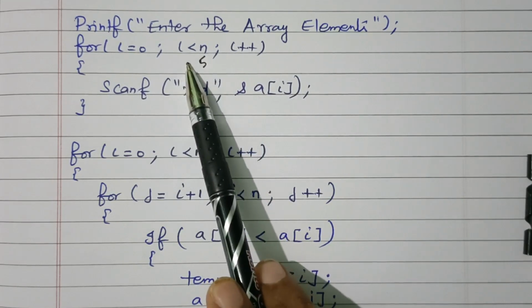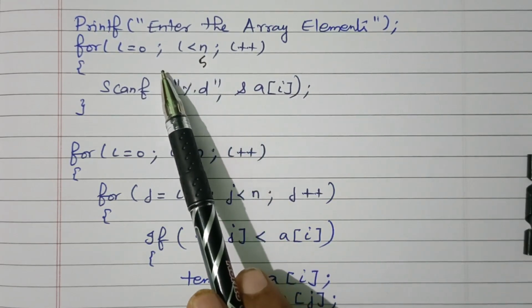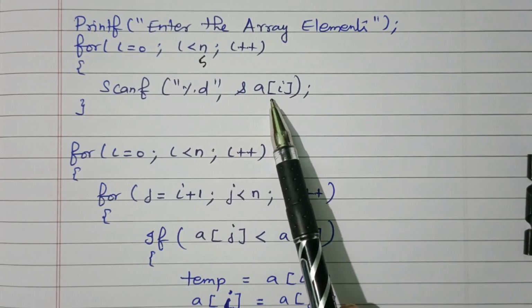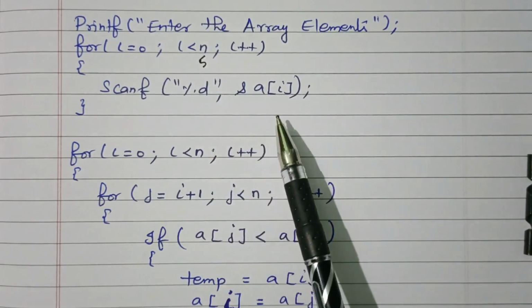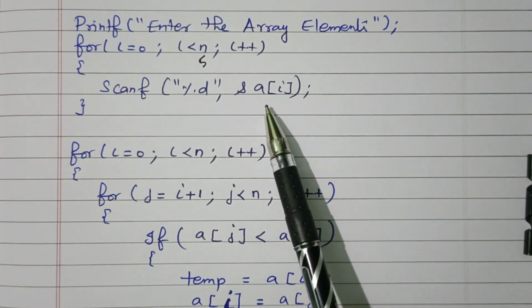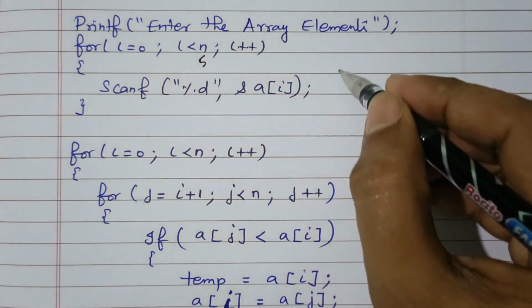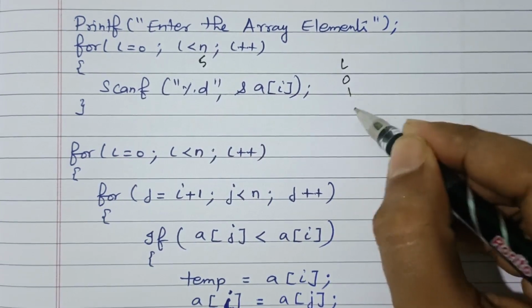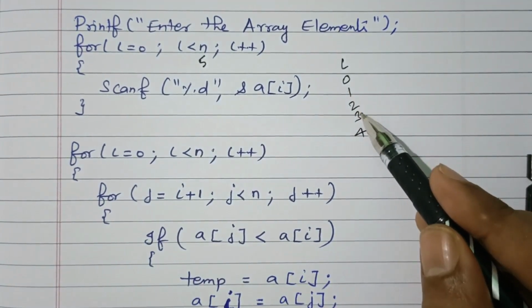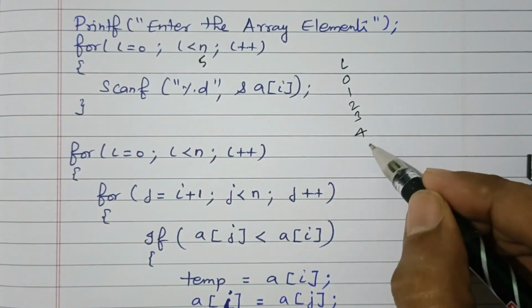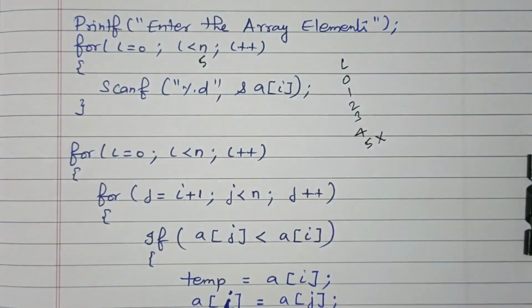I should be less than n, so 0, 1, 2, 3, 4 are valid. 5 is invalid, so the loop will be terminated. The 5 numbers the user enters are stored with i as 0, 1, 2, 3 and 4: a[0], a[1], a[2], a[3] and a[4]. At 5 the loop is terminated.